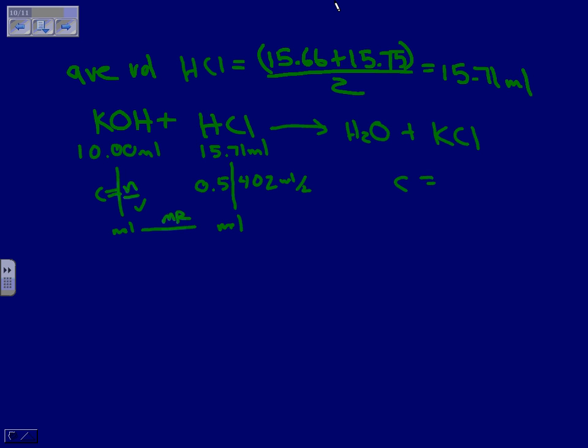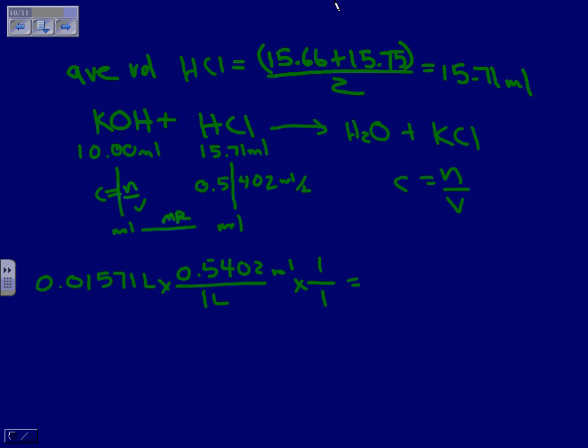Again, C equals n over V, and then I go get my information. 0.01571 liters, 0.5402 moles per liter, and again 1-to-1. This time we do have 4 significant digits in our concentration, so we'll keep 4 significant digits.